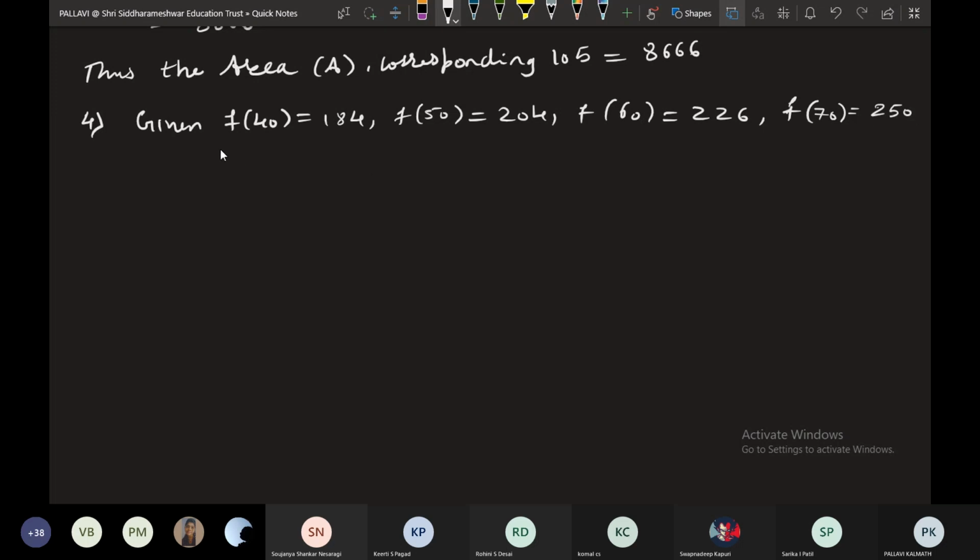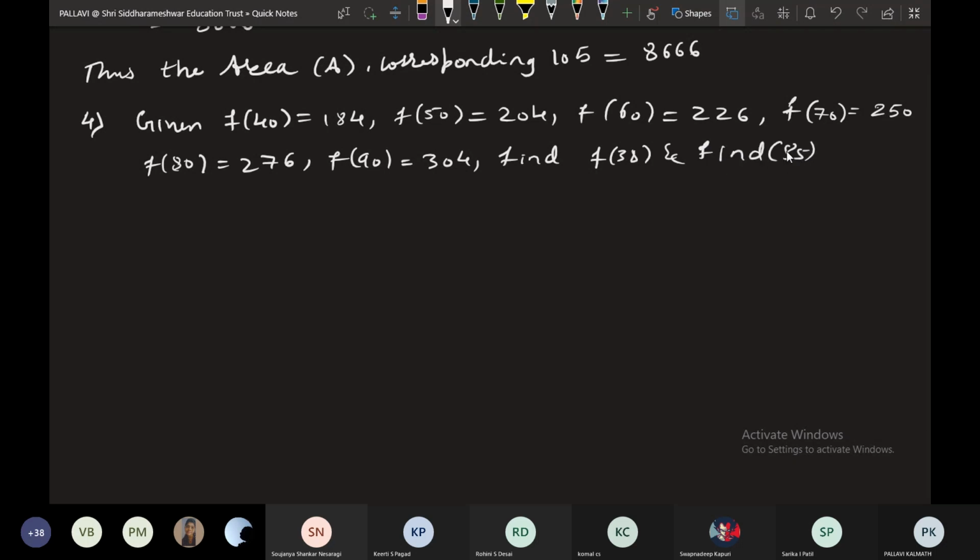This you cannot guess, because we don't know what the function is. Then f of 80 is equal to 276, f of 90 equals 304. Then find f of 38 and f of 85. Okay, is the question clear? And this was asked in the year 2018.